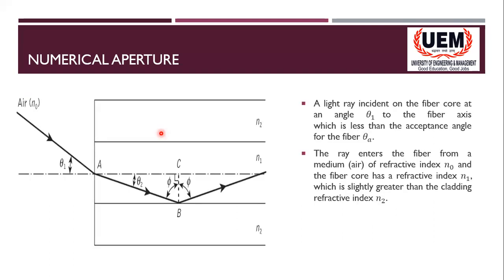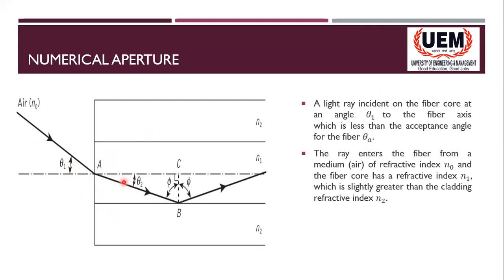So here, when light is falling from air to core, at this air and core interface, we can use Snell's law to define the refraction that has been caused. So using Snell's law at this interface, we can understand the behavior of refraction.